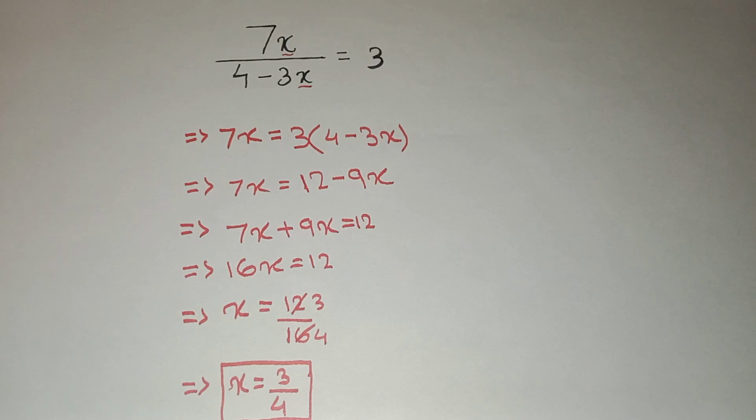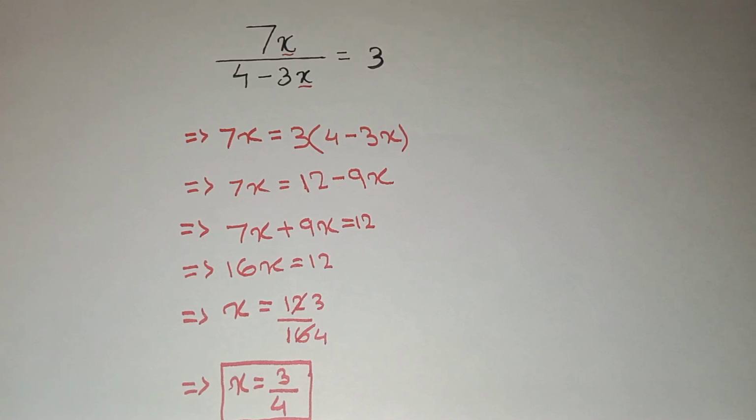So this is how we will solve this question. I hope you have understood today's class. How do we recheck it? We will place the value of x, 3 over 4, in the equation, calculate it, and we will get the correct answer 3.